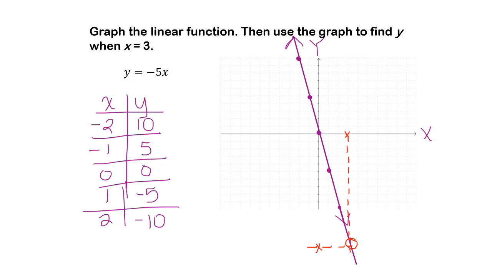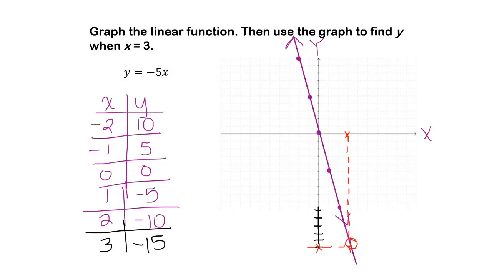So if we extend the coordinate plane a little bit more, we can see that this is at -10, -11, -12, -13, -14, -15. It would be at -15. So when our x is 3, our y value would be -15.